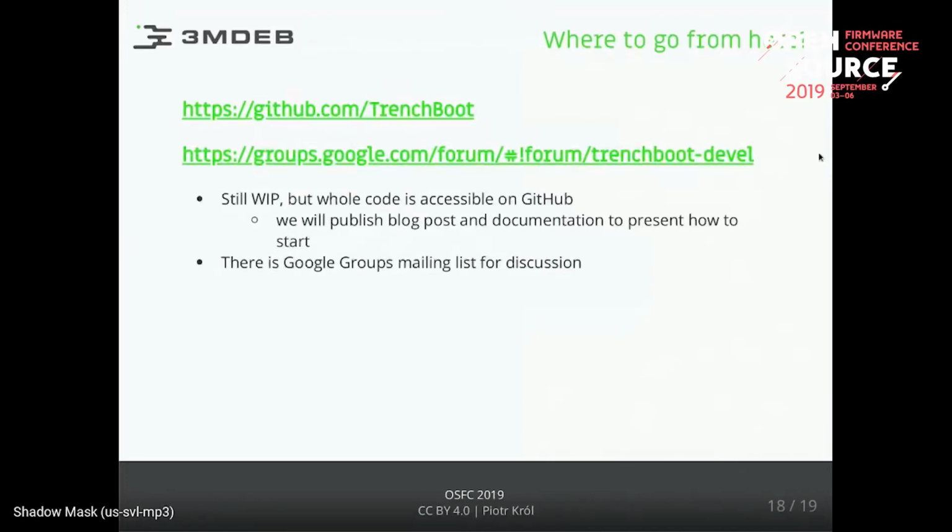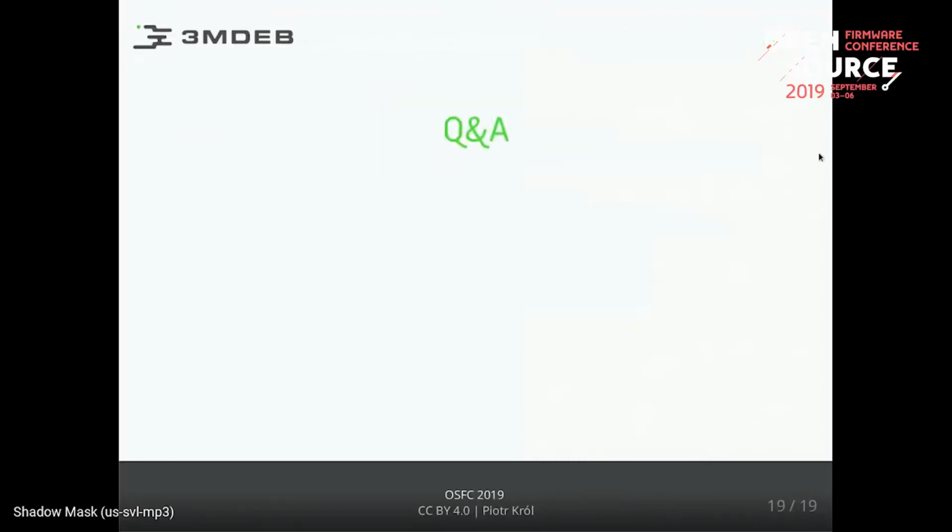The main thing right now is trying it on different AMD platforms than the one we used. We used quite an old one, a Puma SoC. It would be great to check if there will be any problems using this code on newer AMD platforms. We are open for discussion, and if you have any comments or questions, feel free to ask.